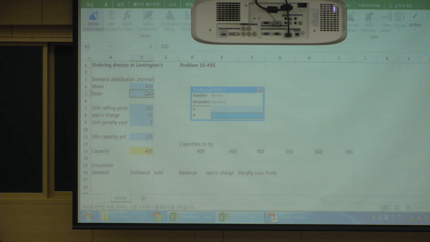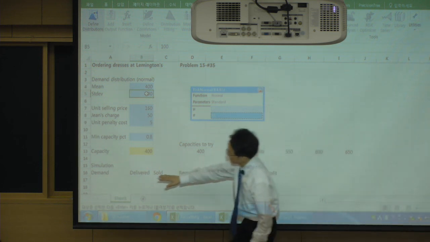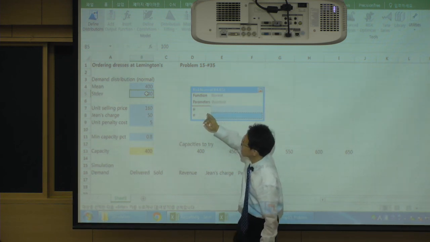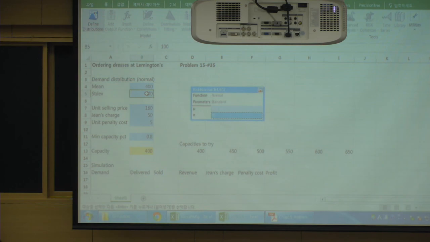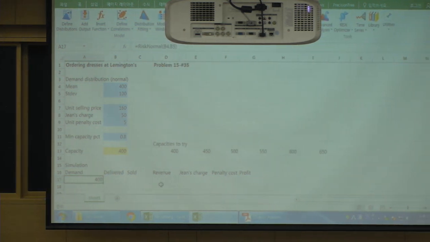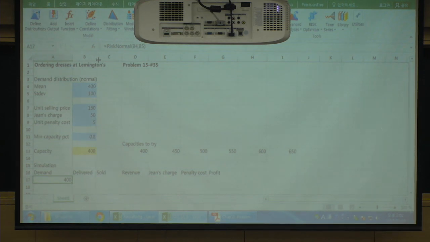So I define this, the demand. This one follows normal distribution with B4 (400) and B5 (100) as mean and standard deviation. Okay, so that's my demand distribution. So I click OK, and next is delivered.